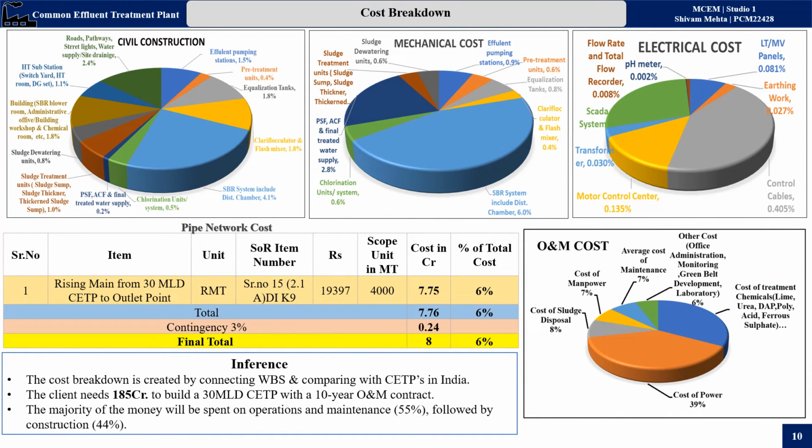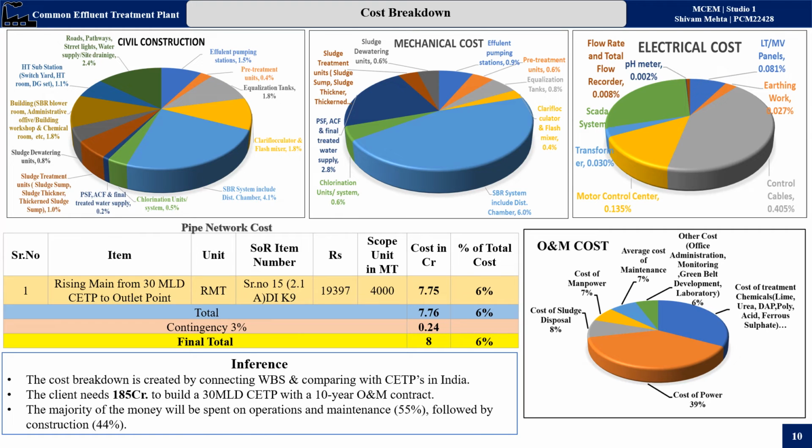So these are the charts which give the detailed distribution. In civil works, what will be how much percentage, like the roads, paths, street lights, water supply, and drainage, which has 2.4% of total cost, and the effluent pumping station has 1.5%. Similarly, in mechanical cost, pre-treatment units have only 0.6 percent of total cost. In electrical cost, LT and MV panels have 0.081, and so on.